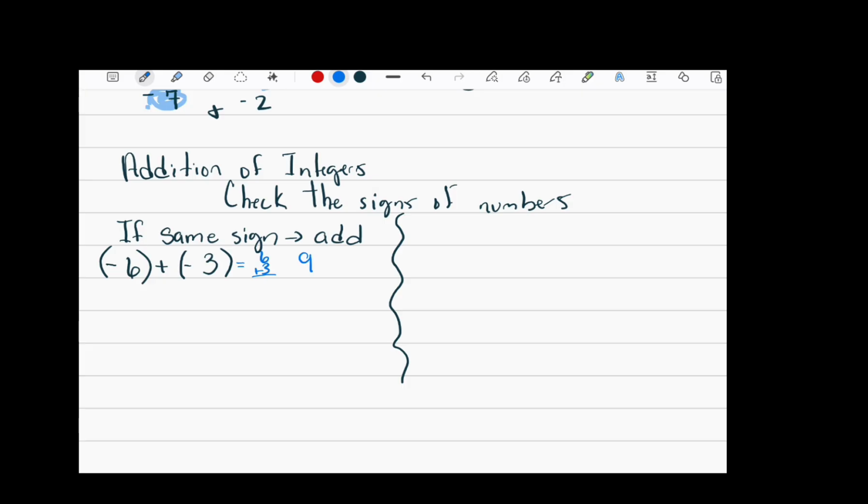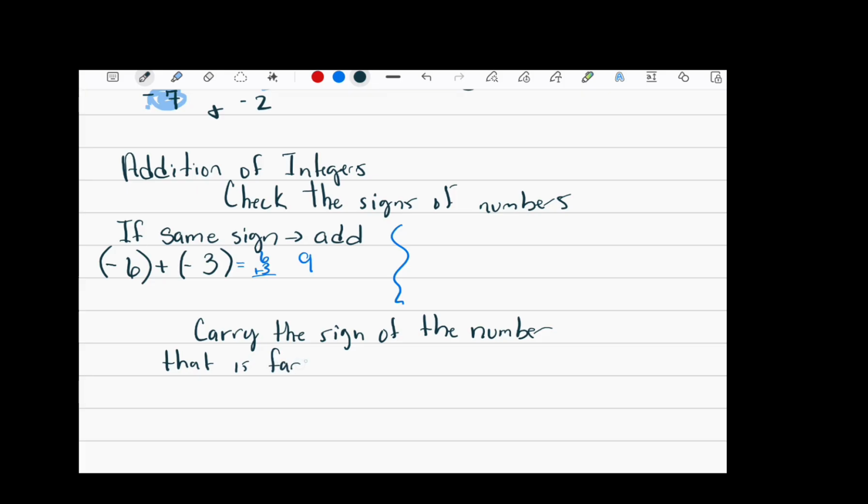After you add, I want you to carry the sign of the number that is farther away from 0.